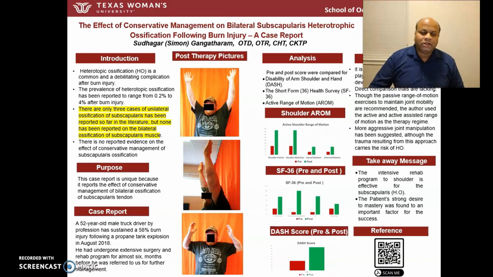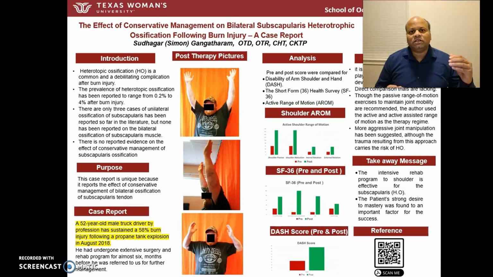So let me introduce the case to you. I have been referred a 52-year-old, very pleasant gentleman, a truck driver by profession, who was referred to us following third-degree burns.